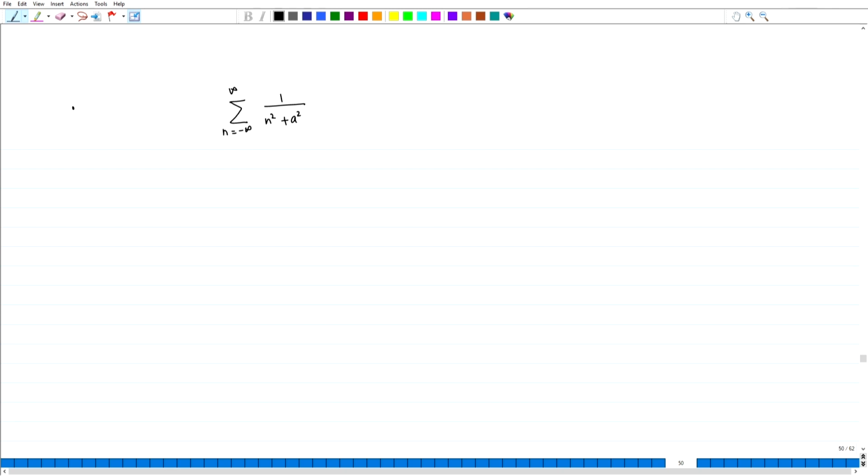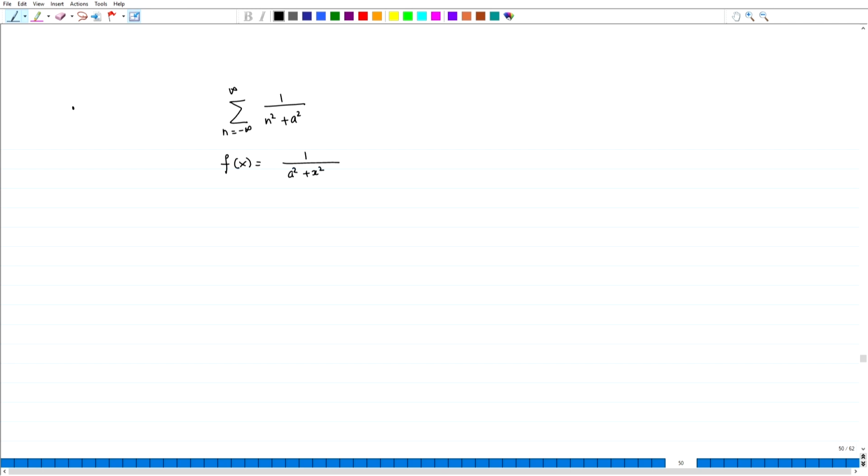Now, obviously, if we define f of x equal to 1 by a square plus x square, it is no more a Schwartz function, but it has a good moderate decay.